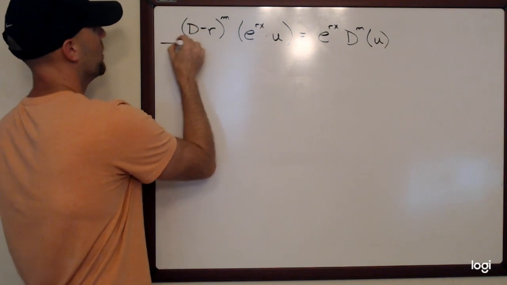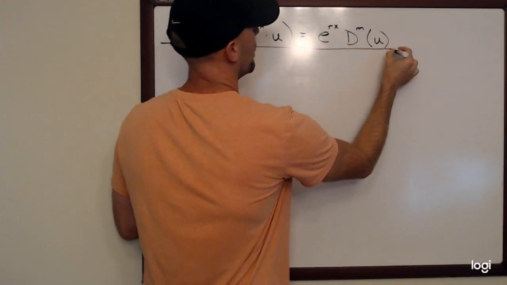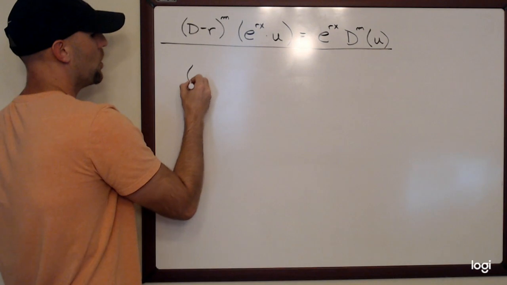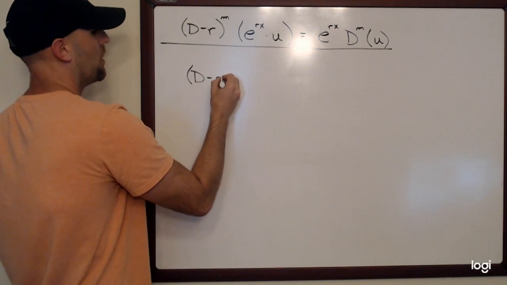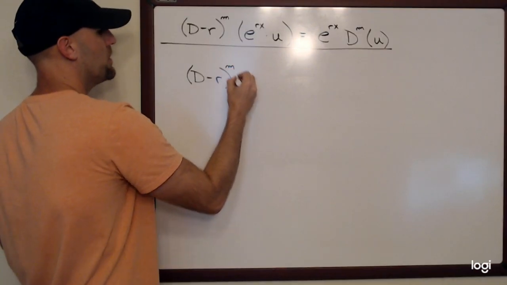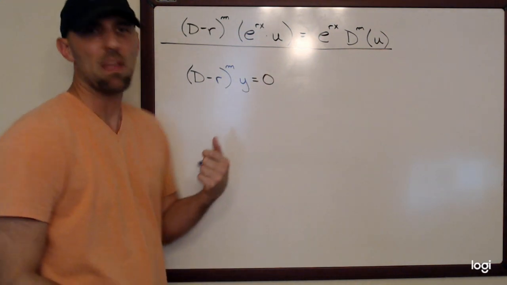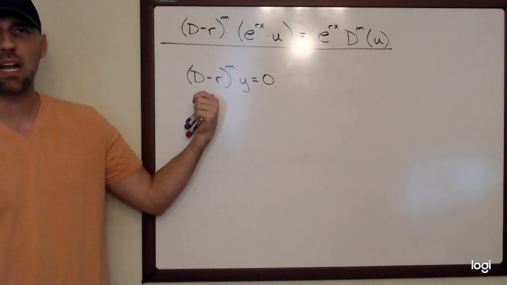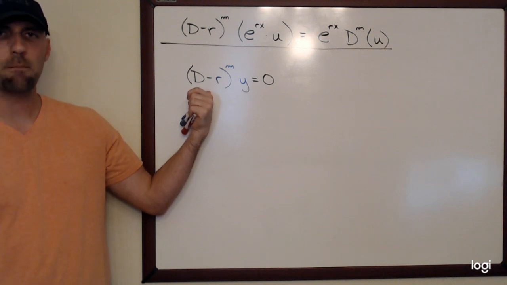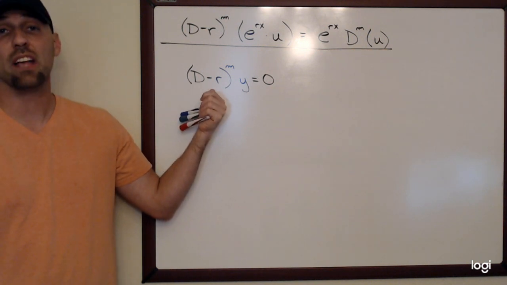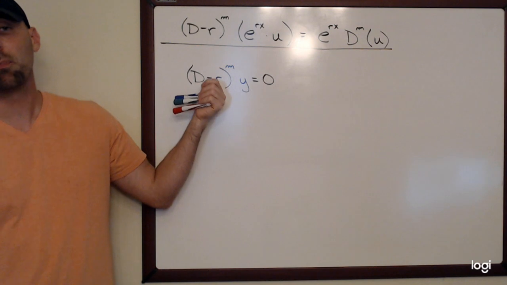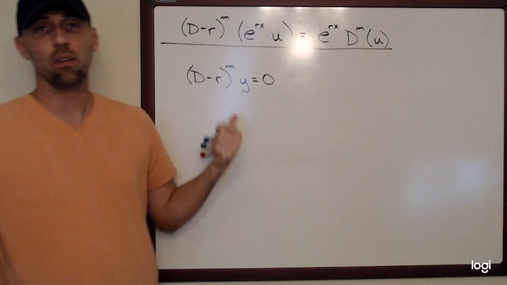Let me separate this off. There we go. Sorry. So I need to know what happens if I have this situation applied to y. So this is one of my polynomial operators, right? And I know that this has roots of higher multiplicity as long as m is greater than 1, right?